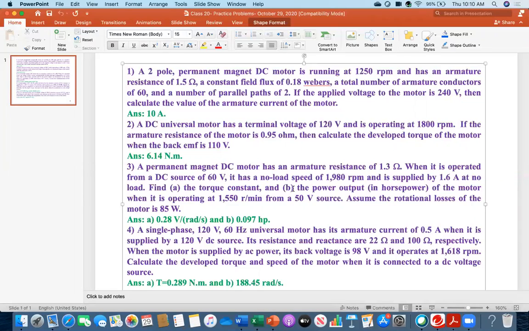But in today's problem 3, those things are not given: the total number of conductors and the parallel paths. So from the equation, you have to find the torque constant. Like you said, the back voltage is K1 multiplied by omega. That's the right equation, so from it find the K1 value for the first part. Okay, thank you. Yeah, that's helpful.